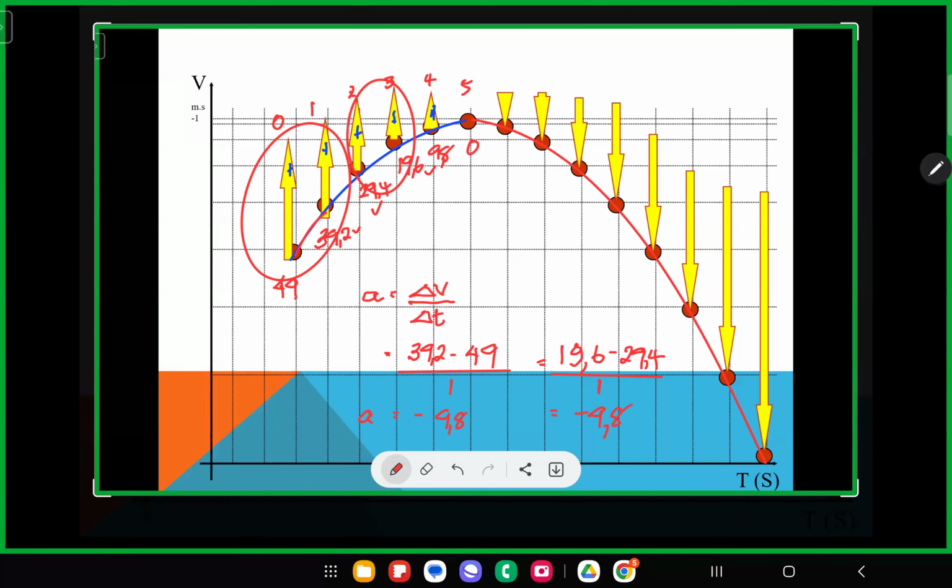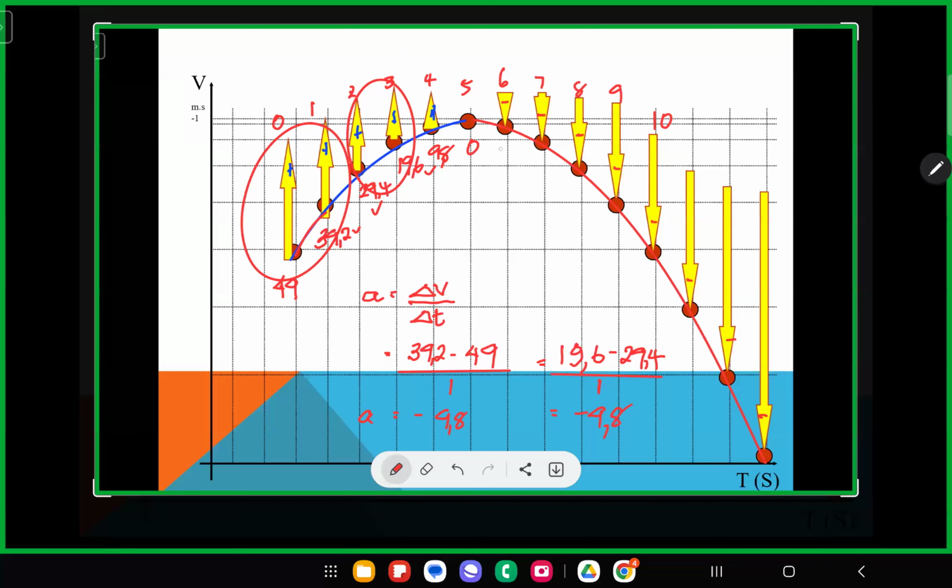Some of you may be wondering, but you didn't do anything on the other side? All right, let's talk about the other side. When the object is coming down, all these velocities are negative. And again, there's a peculiar way it changes from the 5th to the 6th, 6th to the 7th, 7th to the 8th, 8th to the 9th, 9th to the 10th.